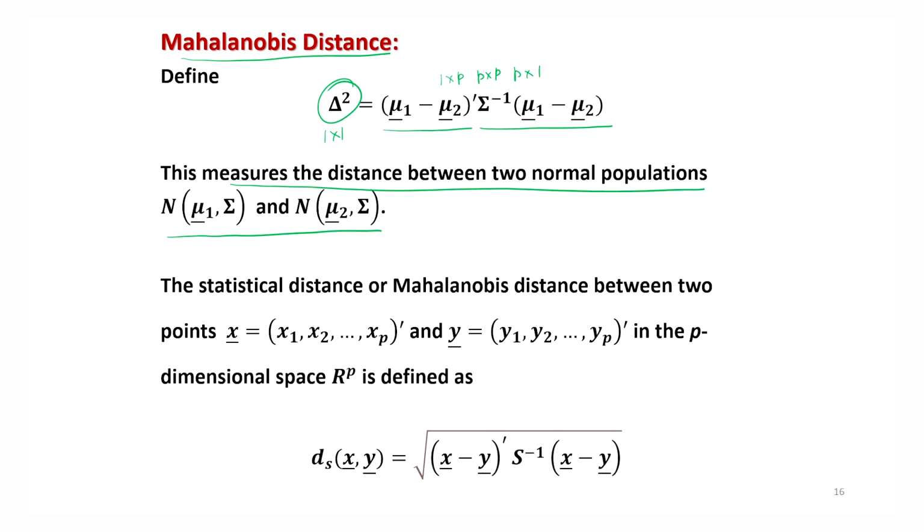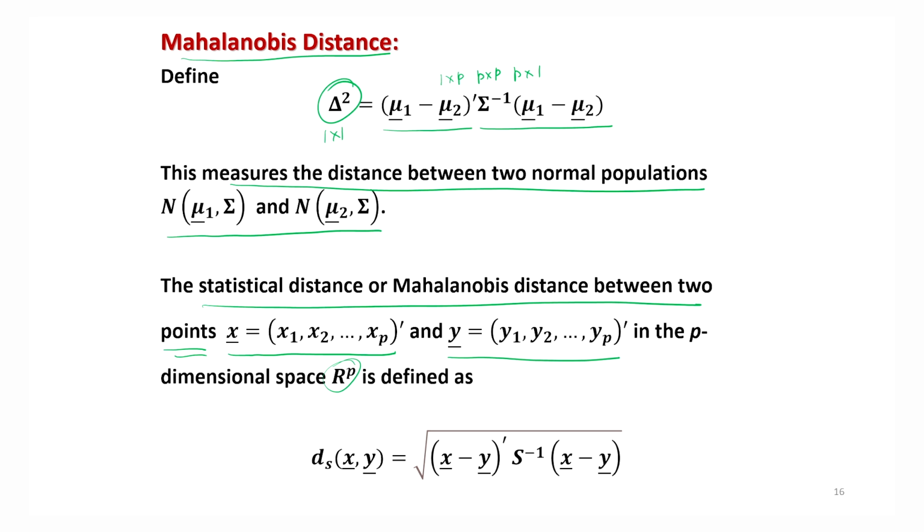So this statistical distance, or the Mahalanobis distance, between the 2 sample points, say x, consisting of the observations on p variables x1, x2, xp, and y, the sample from the second population normal mu2 sigma, having the observations on p variables y1, y2, yp, in the p-dimensional space Rp, that is understood.